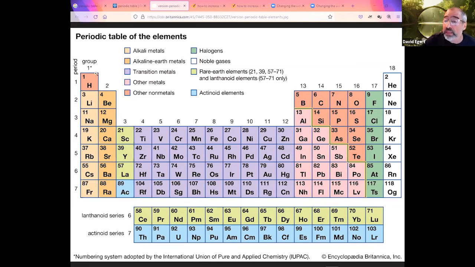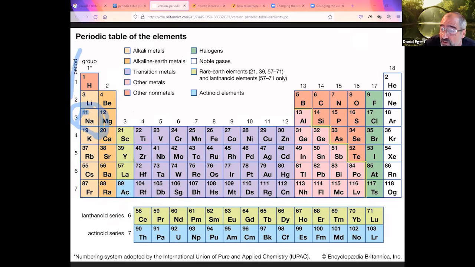If an atom is electrically neutral, it's going to have a matched number of protons and electrons. So if I have a sodium and it has 11 protons, that makes it a sodium. If it's electrically neutral, it would have 11 electrons.